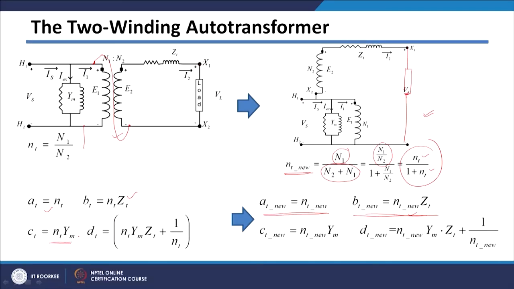C parameter is NT into YM, here in this case NT new into YM, and here also this NT will get replaced by your NT new. So, this is how we can get the ABCD parameters for auto transformer kind of configuration.